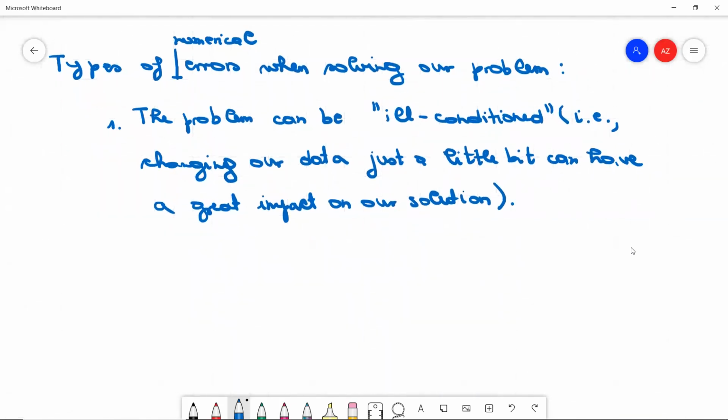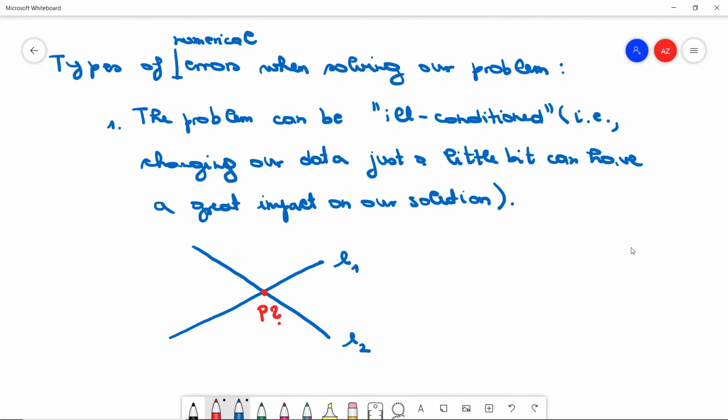And there is a simple example. We have two lines, and we would like to calculate their intersection. Let's say that we have one line which is like that, line 1, and then we have another line which is like that, line 2. And this intersection is what we would like to determine.